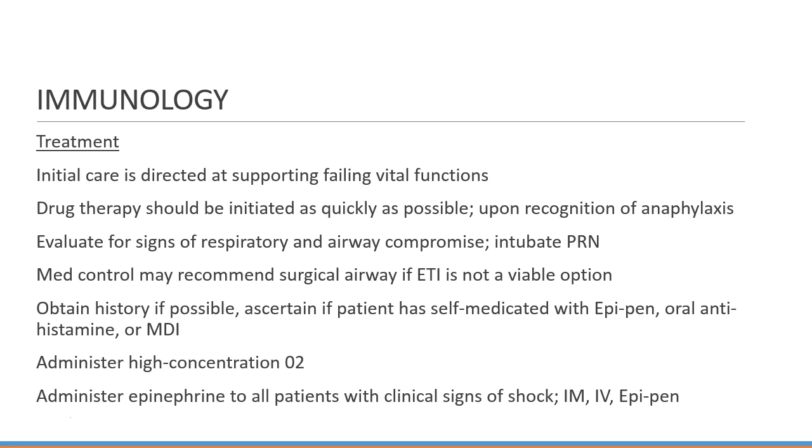Get a history if possible. Ascertain if they've self-medicated with an EpiPen, an oral antihistamine, or a metered-dose inhaler. Administer high concentration O2 and administer epi to all patients with clinical signs of shock, IM, IV, or via EpiPen.